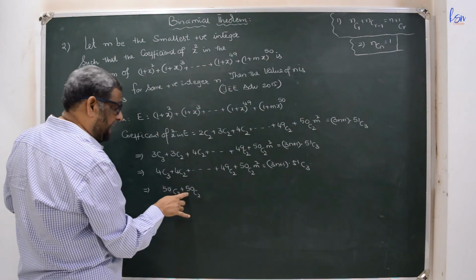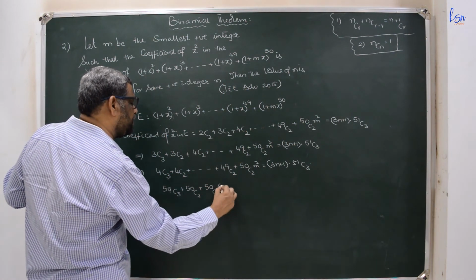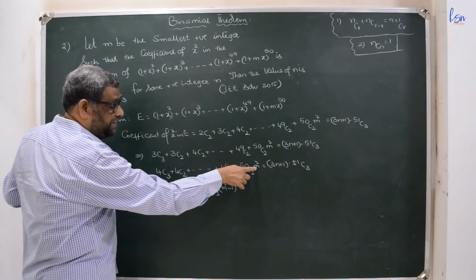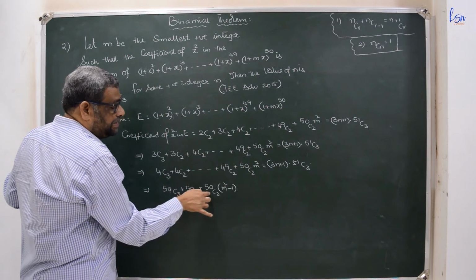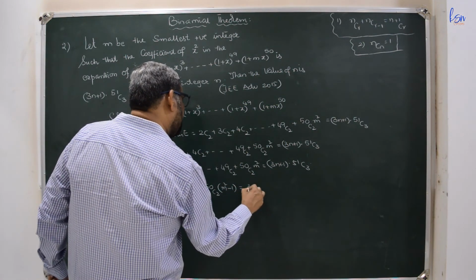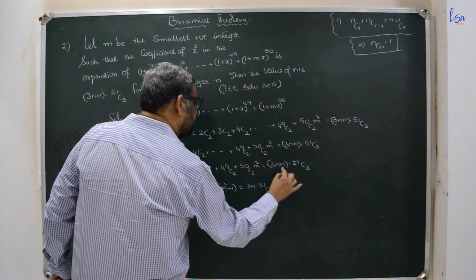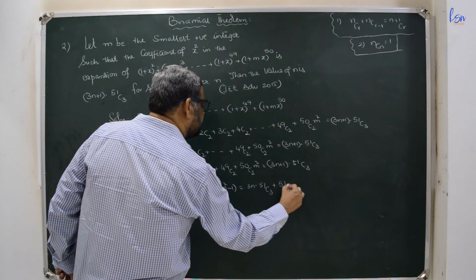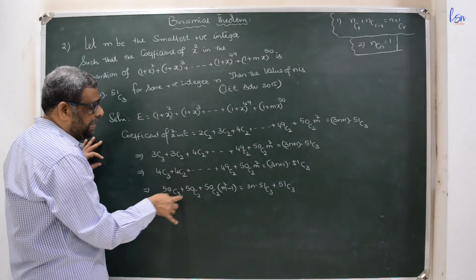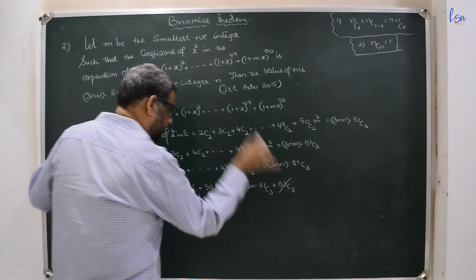So this will be written as 50C3 plus 50C2 into (m square minus 1), because here m square is there, I am adding and subtracting 50C2. So this can be taken as 3n into 51C3 plus 1 into 51C3. 50C3 plus 50C2, nCr plus nC(r minus 1), this is 51C3. This will be cancelled.